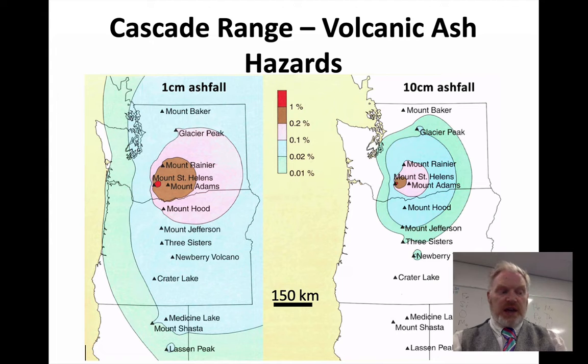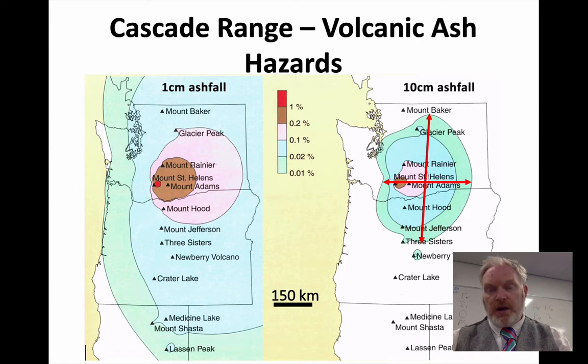The questions ask you about the 10 centimetre ashfall deposit. You can see that one, though it's roughly circular, isn't a perfect circle. If we're going to use an equation to work out the area of this, we need to use pi r squared. But obviously we haven't got one radius.